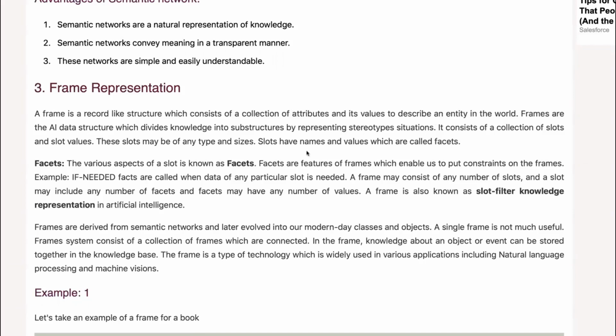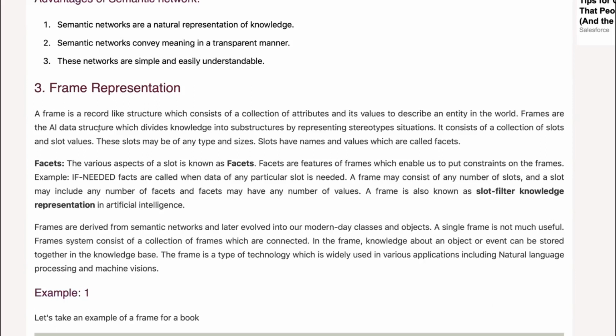So frames are an AI data structure, like the semantic graph. A graph is a data structure, but the representation itself is not. The knowledge representation through semantics or through graphs is not a data structure.